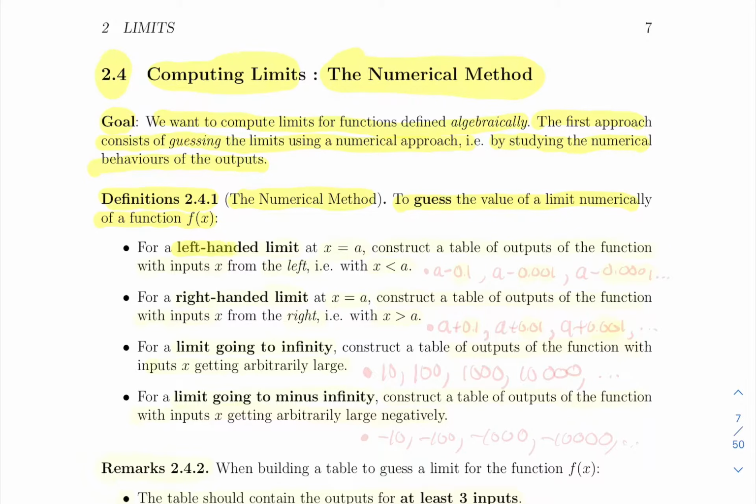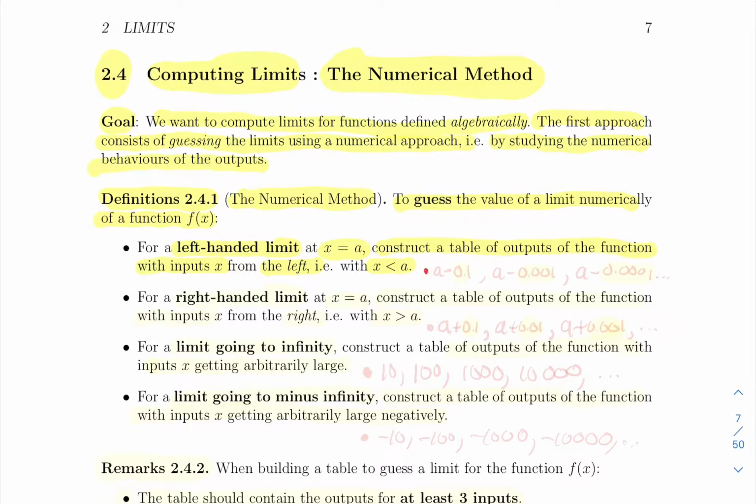So how do you guess a left-handed limit at x equal a? What you have to do is construct a table of the function with inputs from the left. So these inputs need to be strictly less than a, and typically, if you want inputs that are less than a, what you can do is just use a and subtract small values.